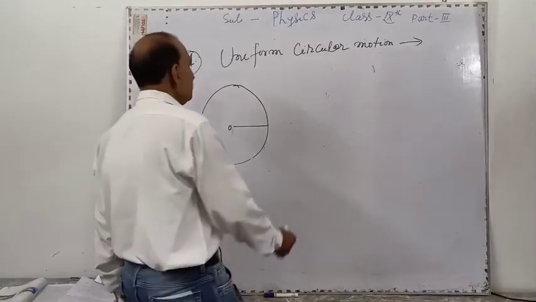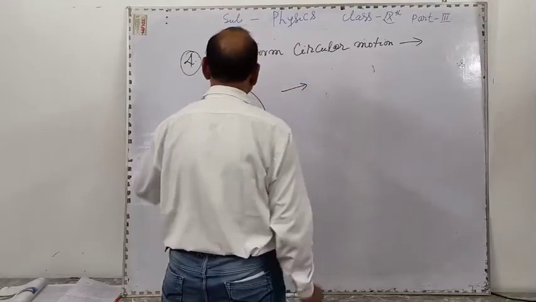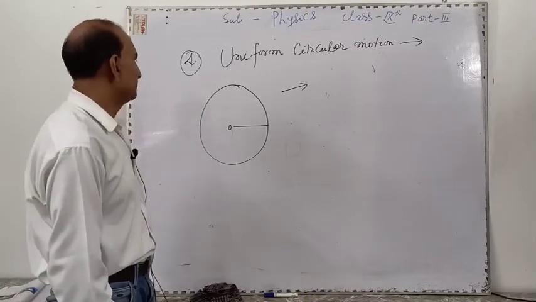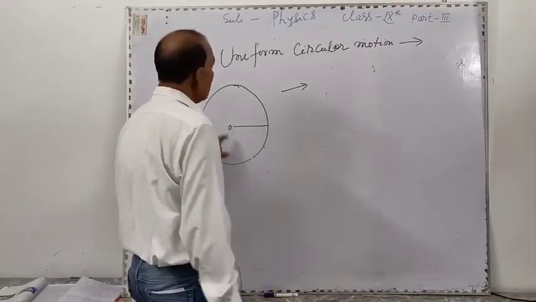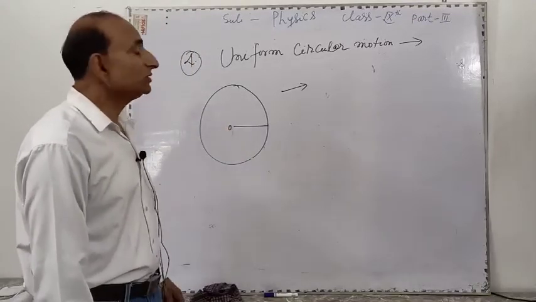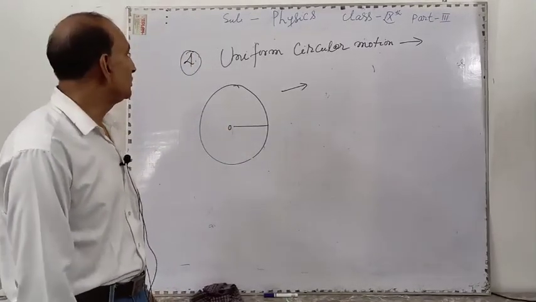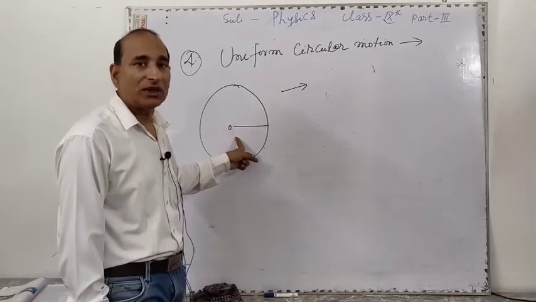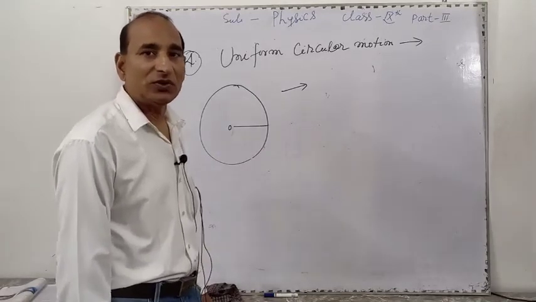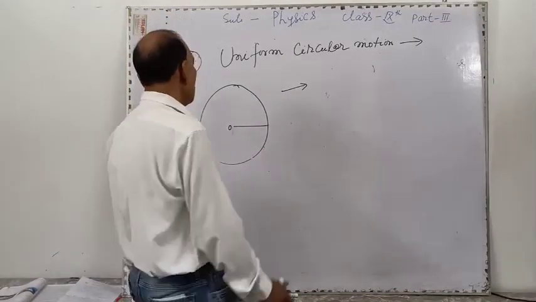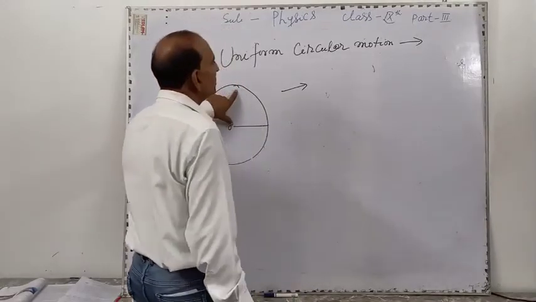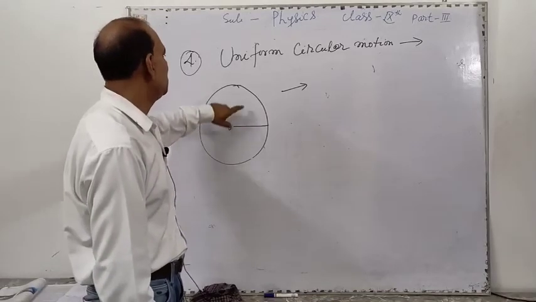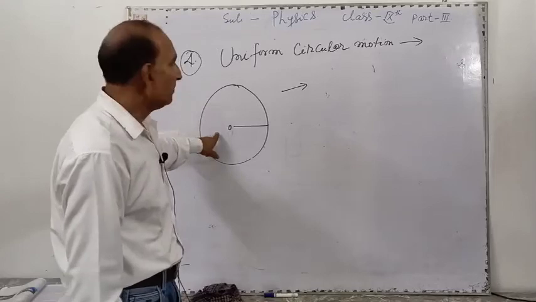And you know that a necessary centripetal force is provided to an object to move in a circular path, and this centripetal force is equal to mv square by r.